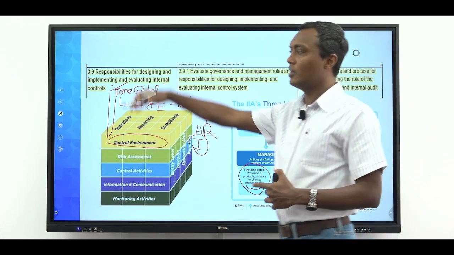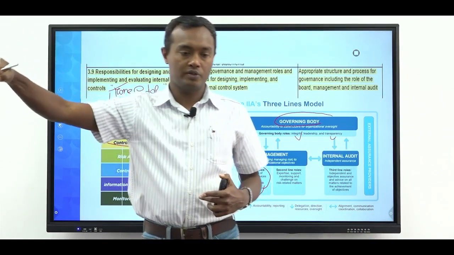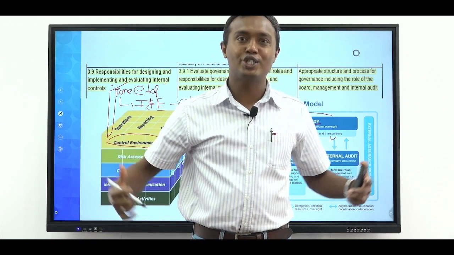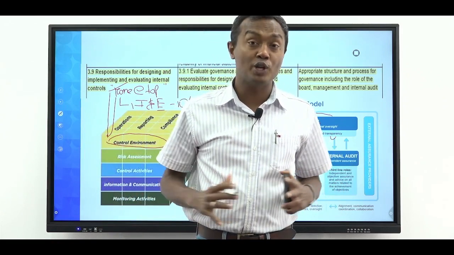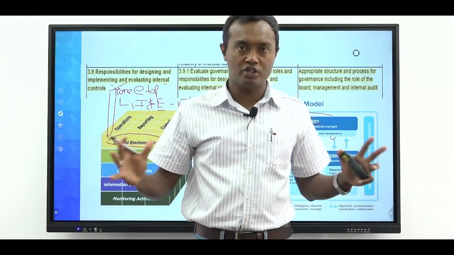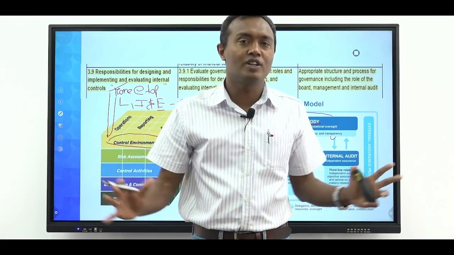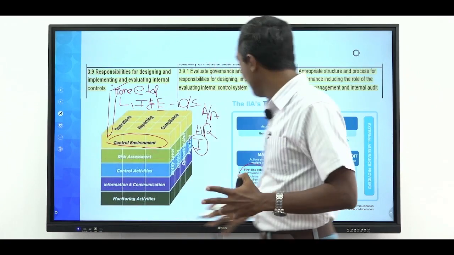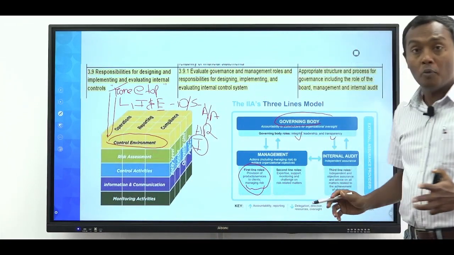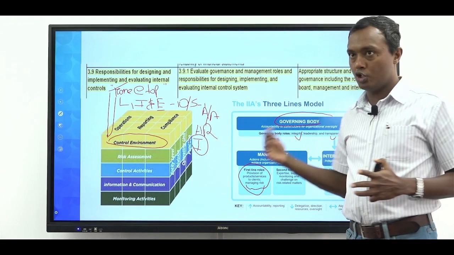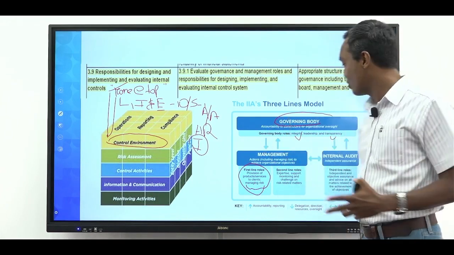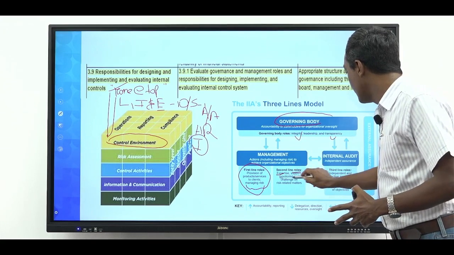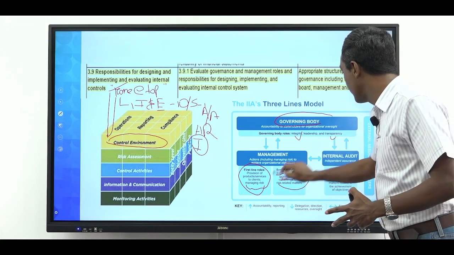But we know there is another person in head office, let's say the head of quality, and under him there is a team to ensure that, across so many manufacturing locations, the quality control processes are being followed. So management has their own oversight function. If there is a difficulty, they will explain, okay, this is not right, this is the way it has to be done. So they give expertise and support, they monitor, and they challenge any risks as the second line.